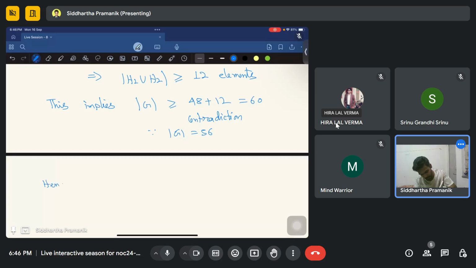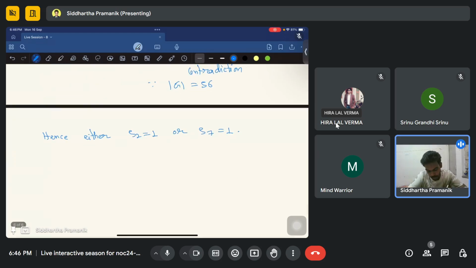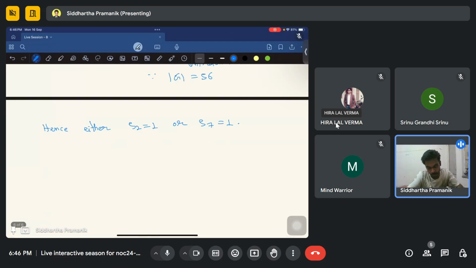Hence, either s2 is 1, or s7 is 1. So at least one of the Sylow subgroups has to be unique. So one of them has to be normal.